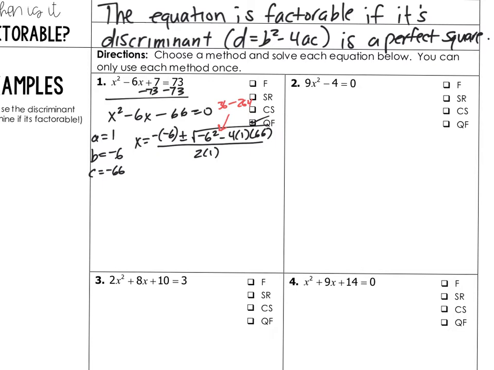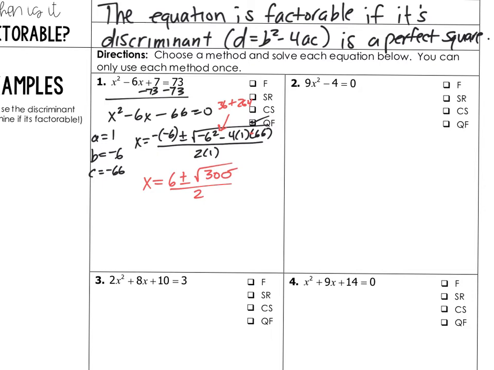So 36. Oh, this should be plus 264 because this should be a negative 66. Sorry about that, guys. So x equals negative and a negative make a positive 6 plus or minus the square root of 36 plus 264, which is 300, all over 2.